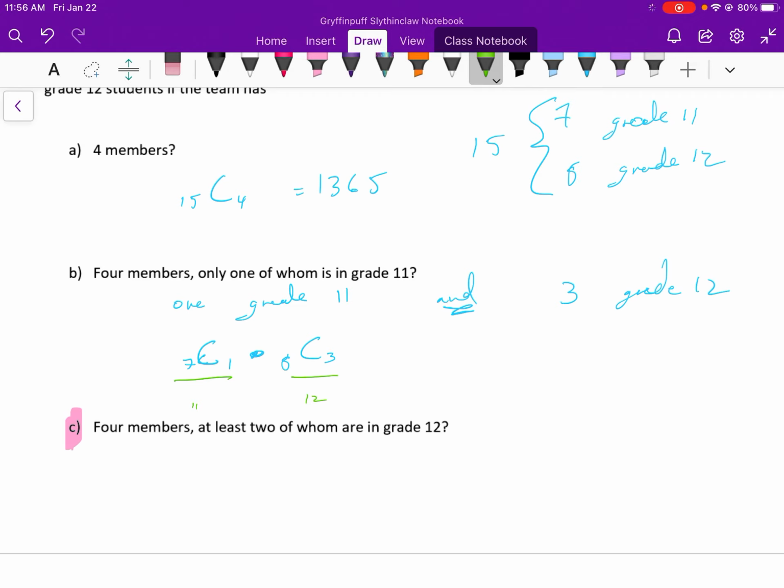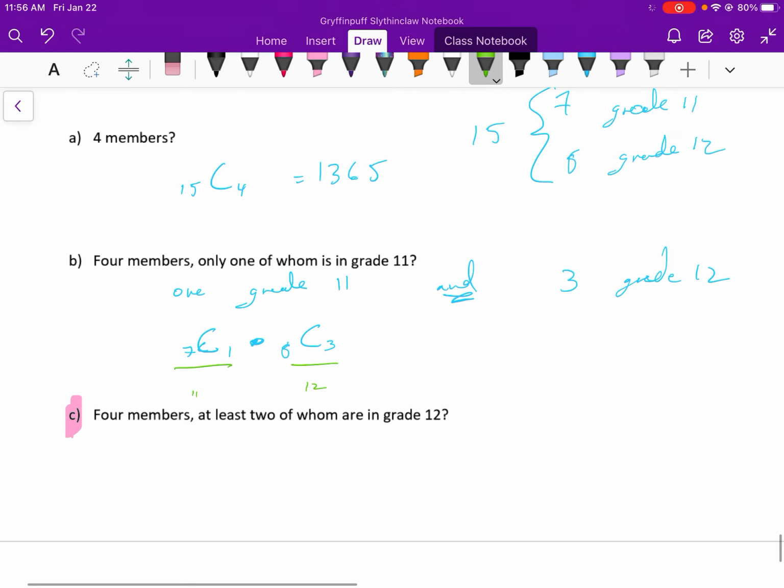So 7 choose 1 times 8 choose 3, quickly punched into my calculator, that's going to be 392. So it shouldn't be a surprise that the number of different ways that we can select our debate club will be less when we put constraints on.